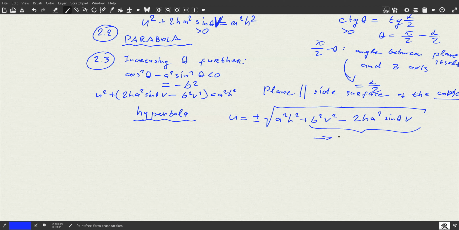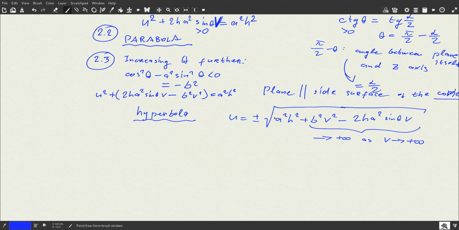Therefore, this expression tends to plus infinity, which means there is no problem for v taking arbitrarily large values. This would not make the expression under the square root negative, and we would still get two values of u corresponding to arbitrarily large values of v.